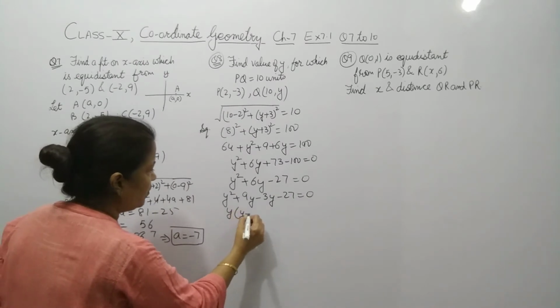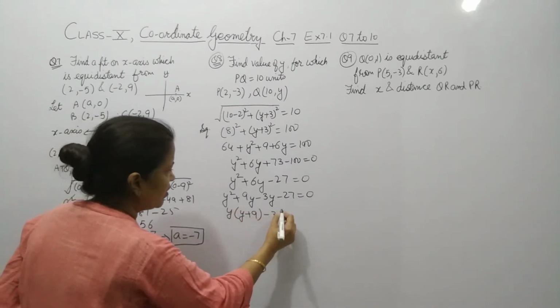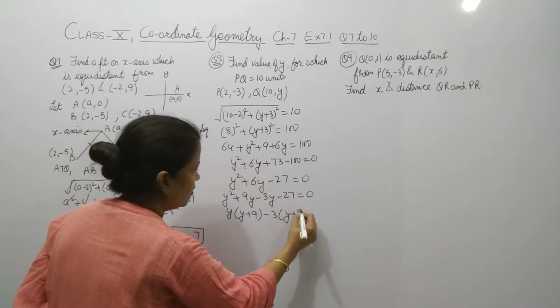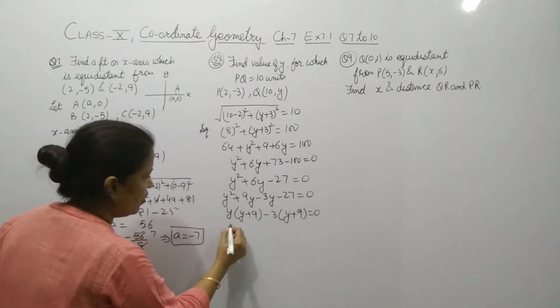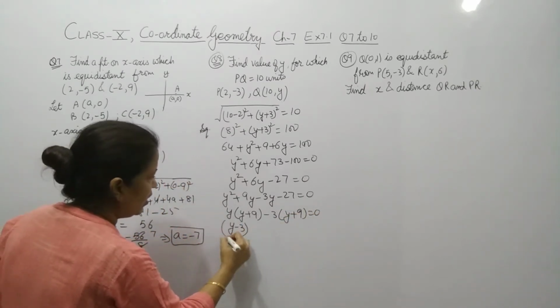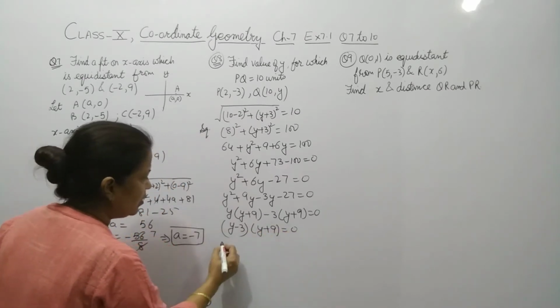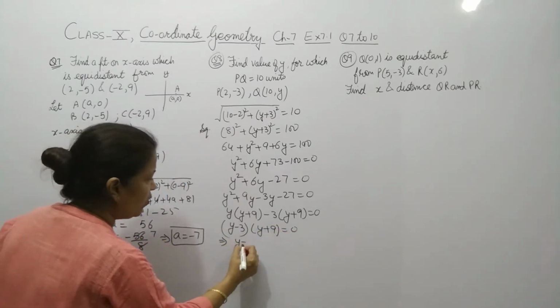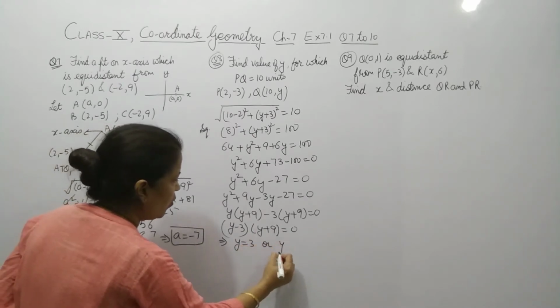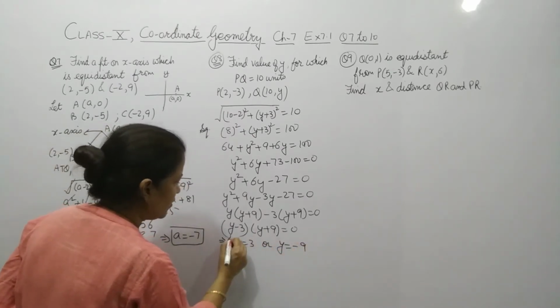So y into y plus 9 minus 3 into y plus 9 equals 0. So it will be y minus 3 and y plus 9 equals 0. So this implies y equals 3 or y equals minus 9.